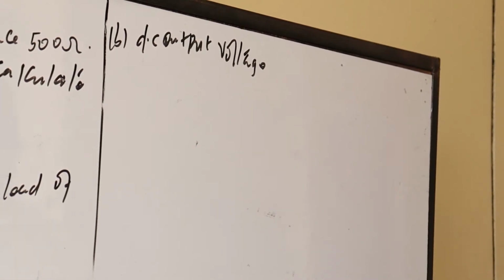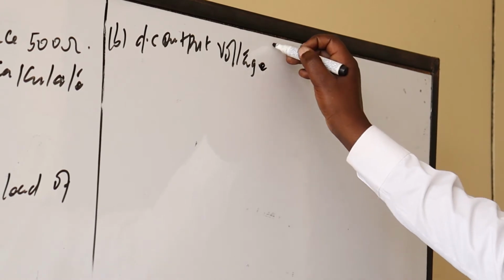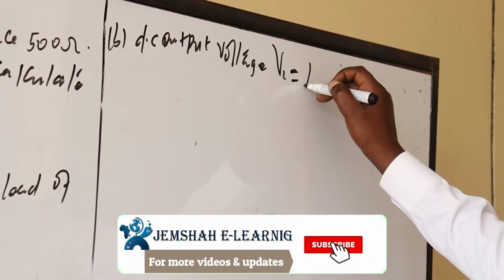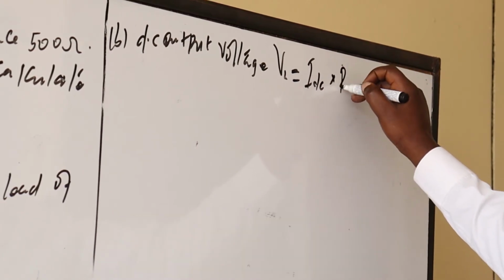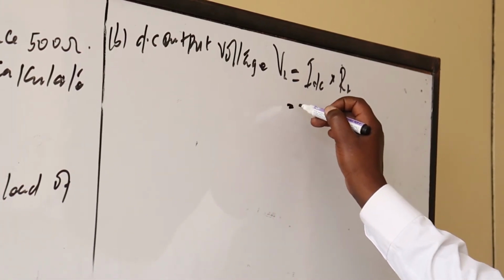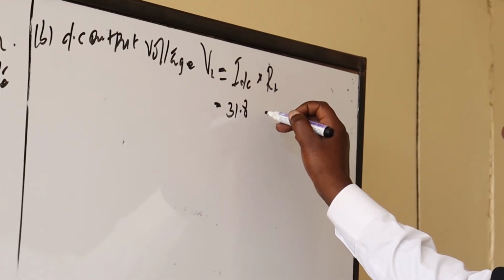The DC output voltage is the voltage actually across the load. So it is our IDC times the resistance of the load, which is 31.8 milliamperes.